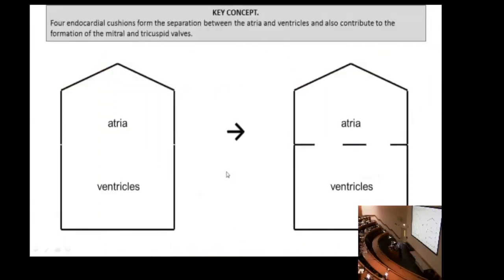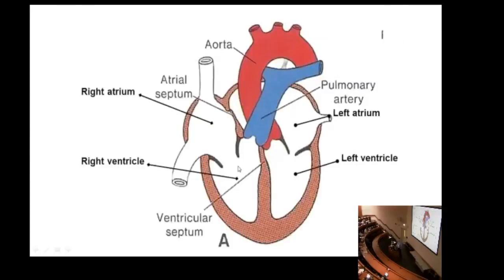So we end up with these four endocardial cushions that form the separation between the atria and the ventricles. They also contribute to the formation of the mitral and tricuspid valves. So far, so good. We've got atria up here, we've got ventricles down here. So we've got a little house sitting there, but it's not complete.